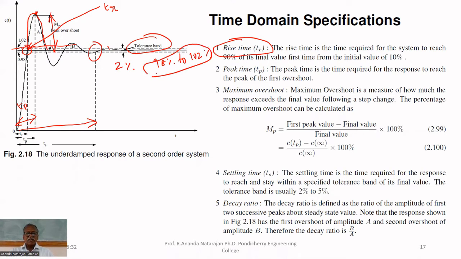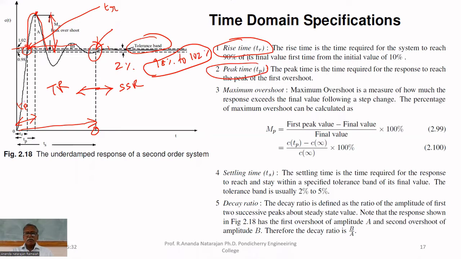If it is within that oscillation, with the 2% tolerance, we assume that it is settled. So at this point, it reaches within the 2% tolerance. Therefore, the time taken to reach this point is TS. Up to this point, it is called transient response. After this, it is called steady state response.